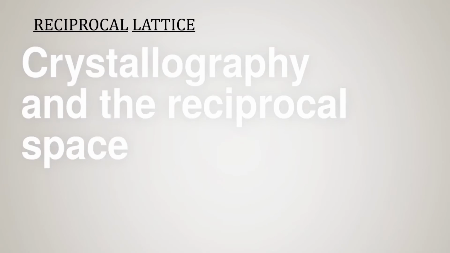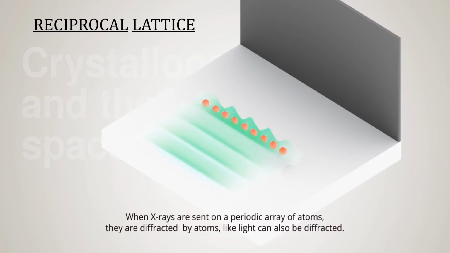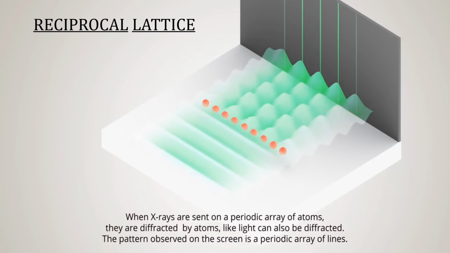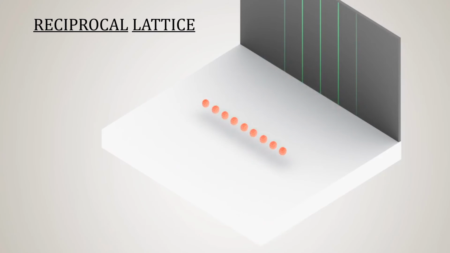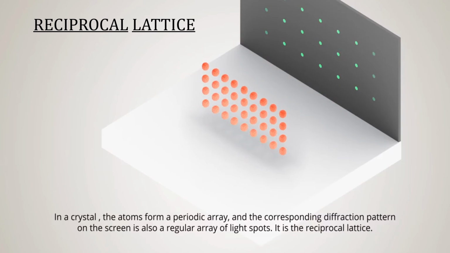Here we can see how the reciprocal lattice is related to the direct lattice. When X-rays are sent onto a periodic array of atoms, they are diffracted by the atoms, like light can also be diffracted. The pattern observed on the screen is a periodic array of lines. If this happens in two dimensions, then the corresponding diffraction pattern will be a regular array of light spots, and it is the reciprocal lattice.